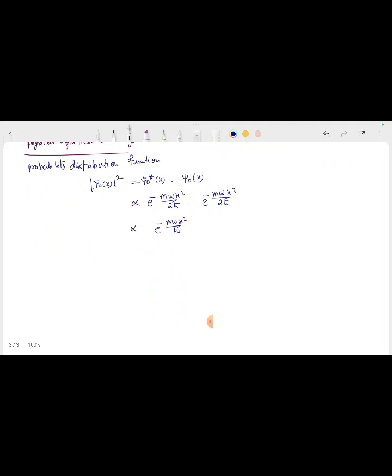Actually we have ground state eigenfunctions. Here you just take a graph. Ground state eigenfunction psi 0(x) is equal to (m omega upon pi h cut) whole to the power 1 by 4 times e to the power minus m omega x square upon 2 h cut.